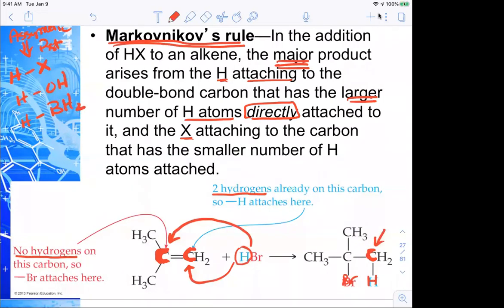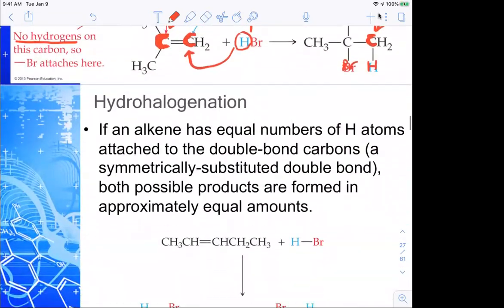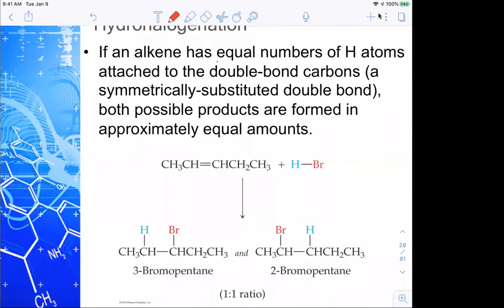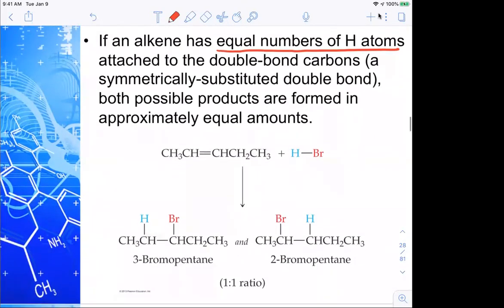The bromine ends up on the other carbon. If an alkene has equal numbers of hydrogen atoms, the 2 potential products that could be formed are formed in approximately equal amounts.